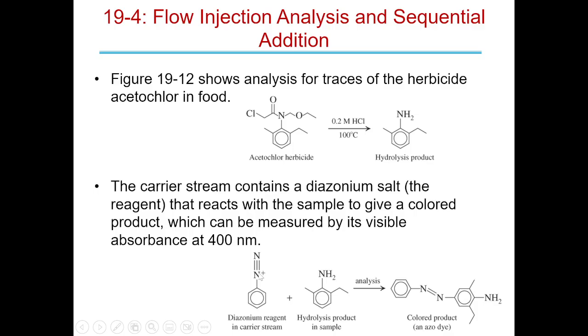You know diazonium, right? This is an azide group, and so that's diazonium. This is the reagent that would react with the hydrolysis product of the herbicide right here. Okay, so this is going to give us a colored product.